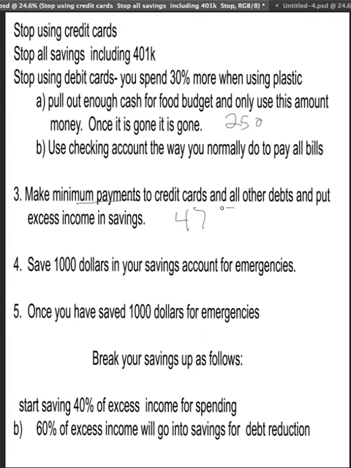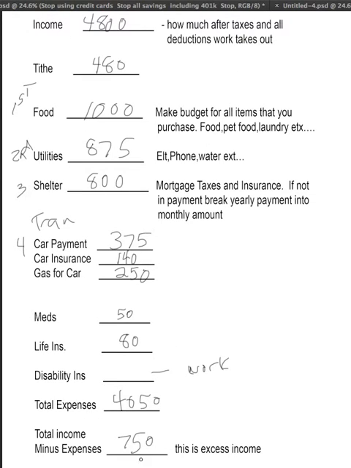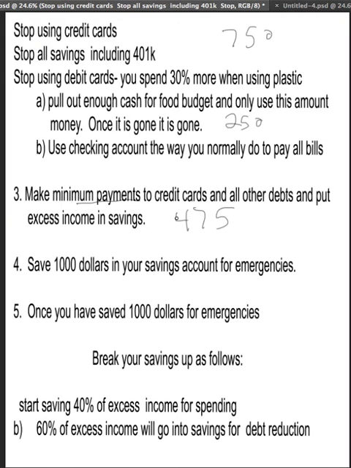We have $475. Now, our excess income was $750 from the first page. That's just your $4,800 minus your expenses. So we have $750, and we've taken out $475 for the minimum payments, because your minimum payments to your debts is the first thing we pay out of excess.